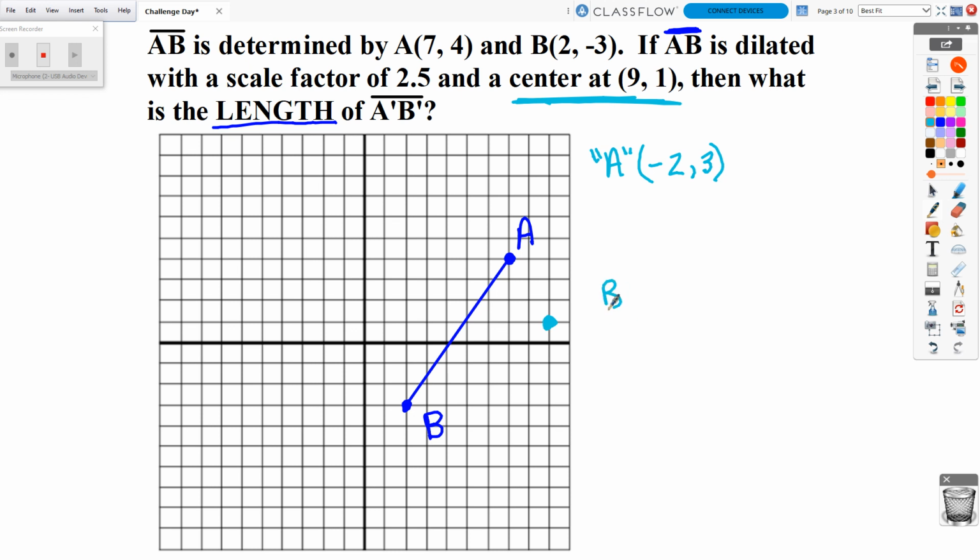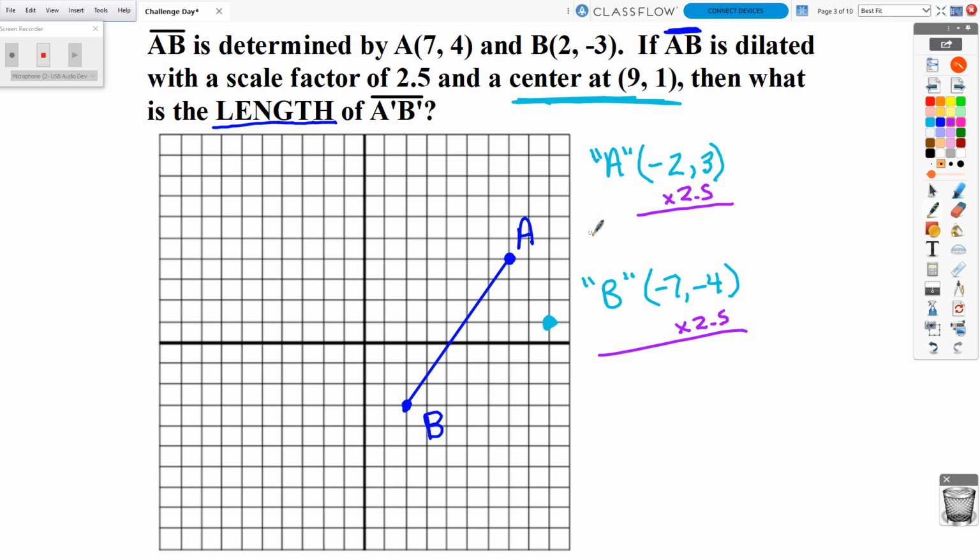And B is pretending to be at -7, -4. And we're going to multiply our pretend x and y coordinates by 2.5.